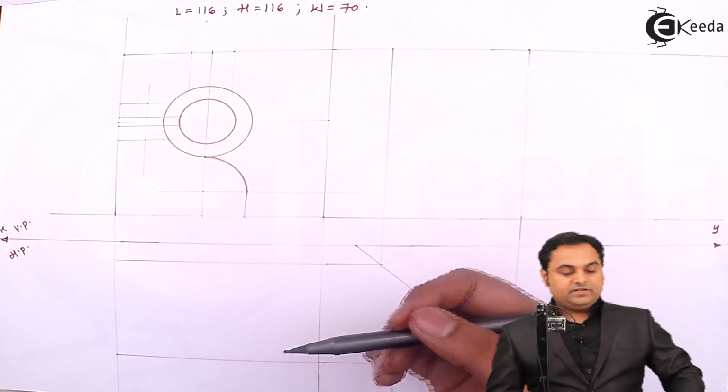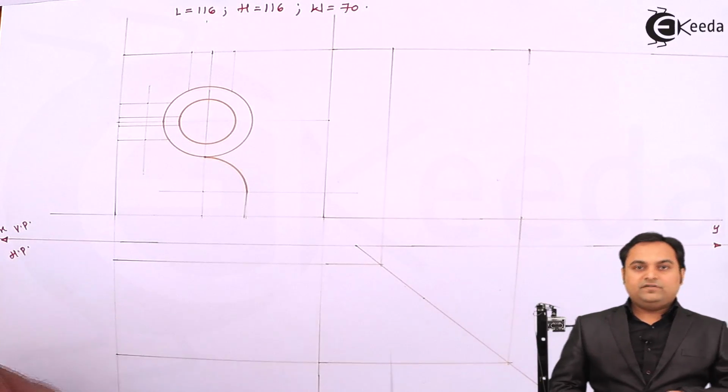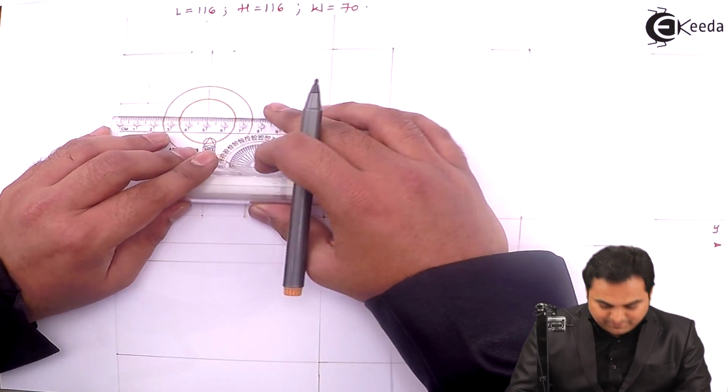The circles are having diameter 6, so for us it will be 12 mm, measuring 6 mm on both sides.